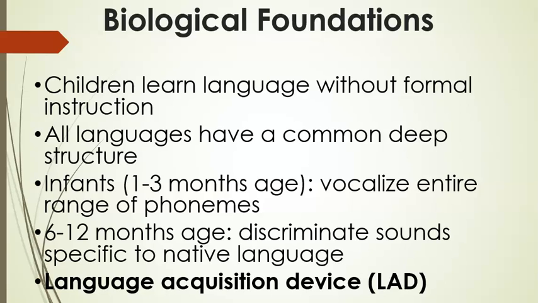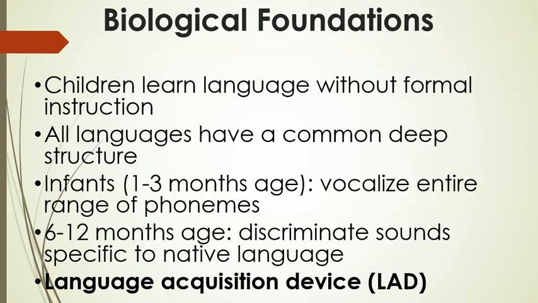Now, from the ages of 6 to 12 months, what infants will do is they'll start to discriminate the sounds that they produce to a specific native language. So instead of just producing a wide variety and range of phonemes, they're going to start focusing the phonemes that they produce to the language that they hear around them.